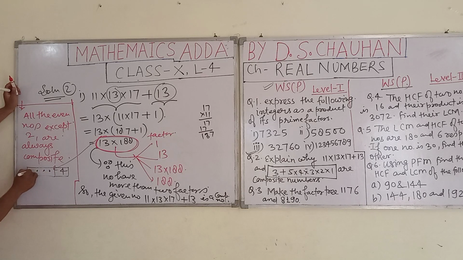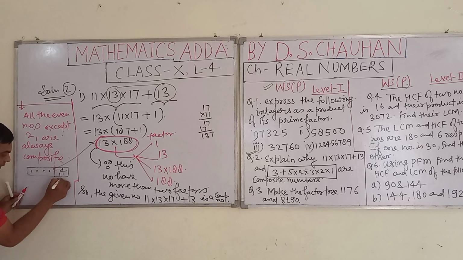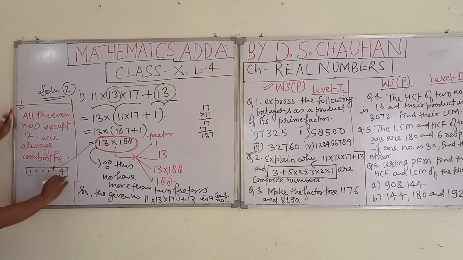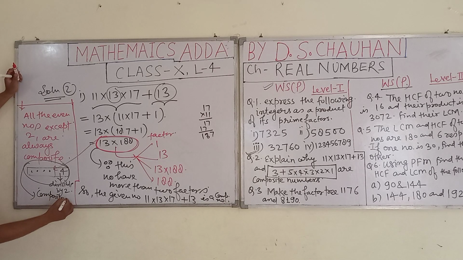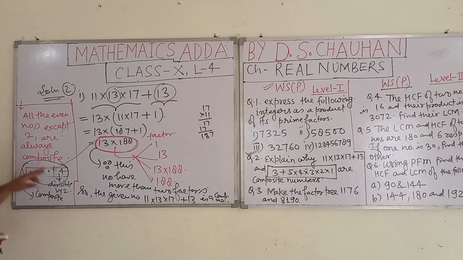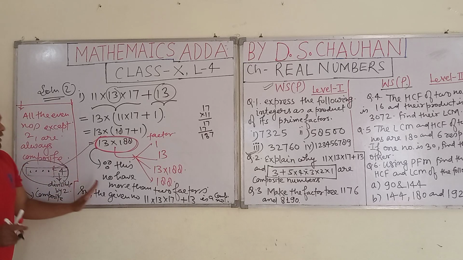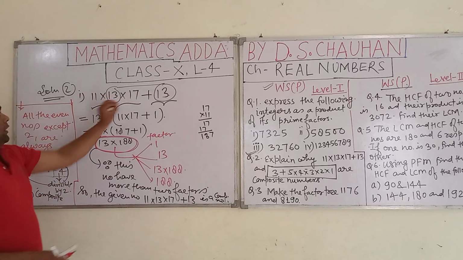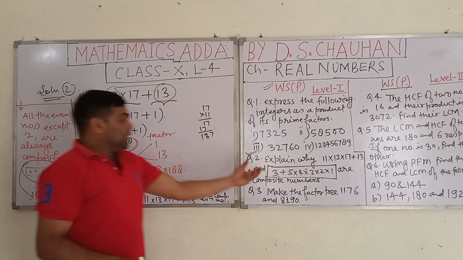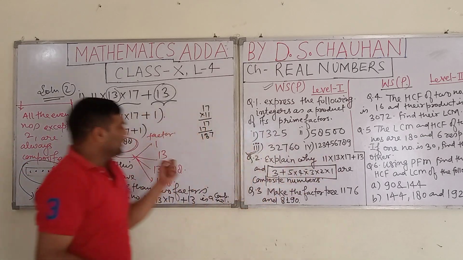Whatever this number will come, its unit digit is 4, so it is divisible by 2, which implies this complete number will be even, and being even it will be composite. Why is it composite? Because it is other than 2. Well students, so in two ways you can explain these numbers as composite numbers.